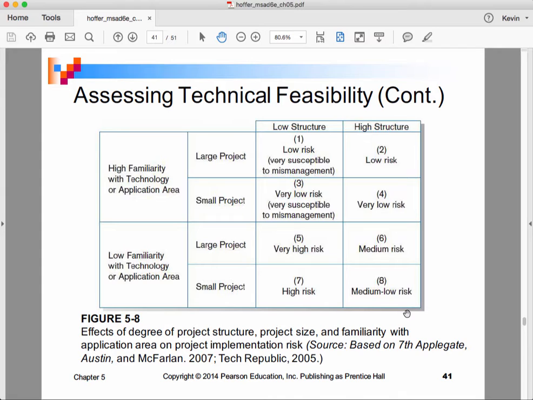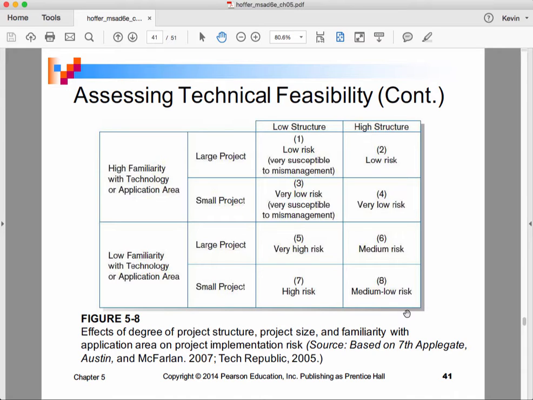Here's a typical management consultant's chart. We're trying to take the risks that we talked about in the last section and put them into some kind of a chart to help us with the decision making. So we've got projects that are large or small.